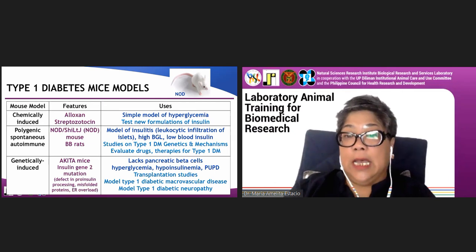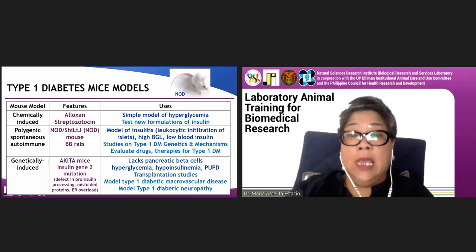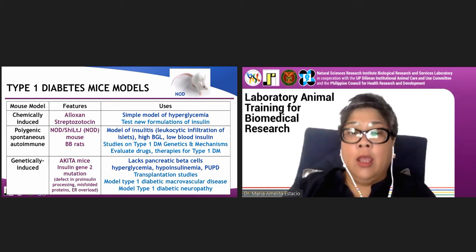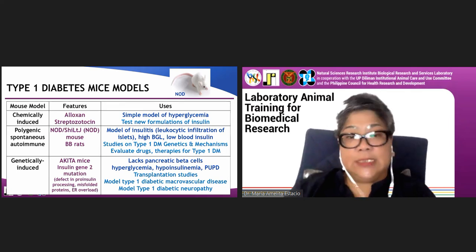So this causes high blood glucose level or BGL and low blood insulin levels in this particular NOD mouse and BB rats.